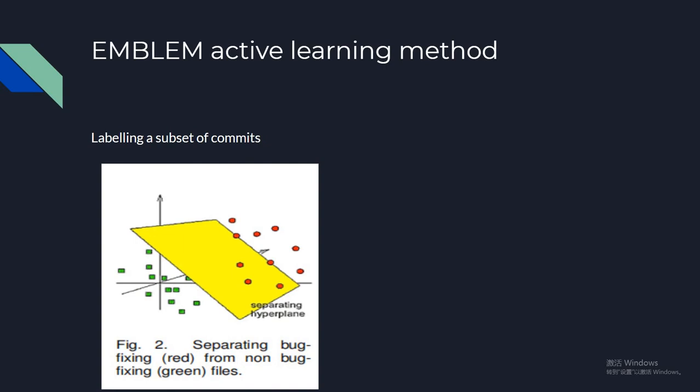Emblem's active learning method is to incrementally label a small subset of commits. Using those labels, a machine learner can find most of the remaining bug fixing commits. By using this method, humans will only have to read in detail a small percentage of the commits. To better understand active learning, consider a decision boundary between bug fixing commits and non-bug fixing commits, as shown in the figure.